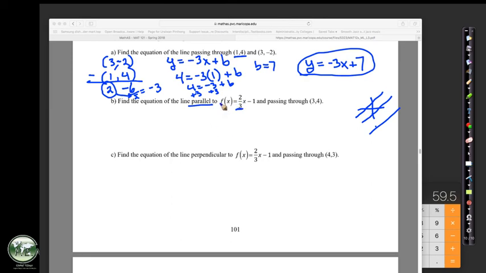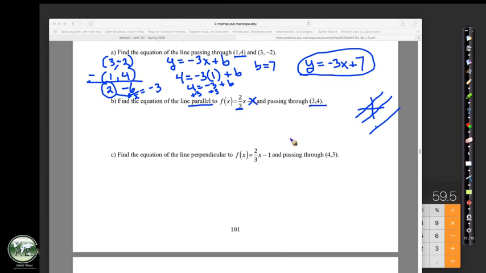So one of the key things is when you're given this equation, ignore the y-intercept. And that's one of the problems I'll see. People will try to use that y-intercept in the other equation. But it has nothing to do with the other line we're talking about. So what they're really telling us is that we've got a line that has a slope of 2/3, and it goes through this point.